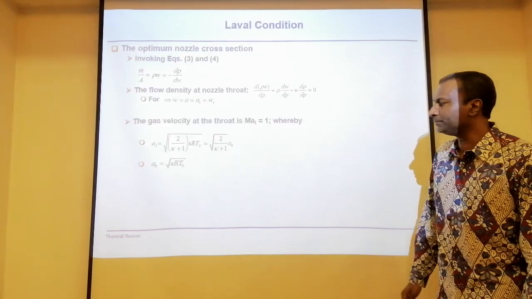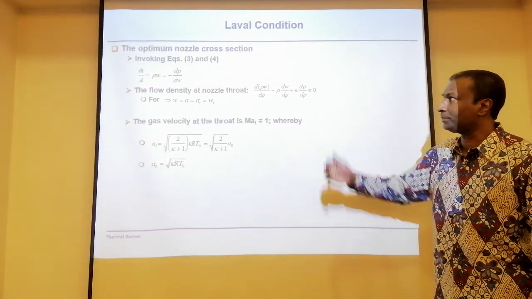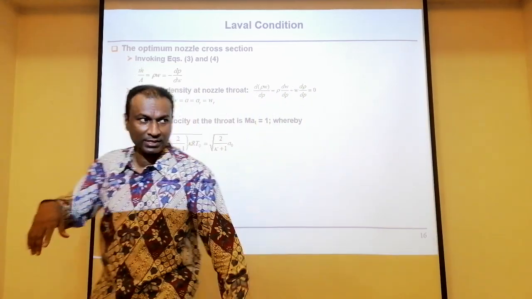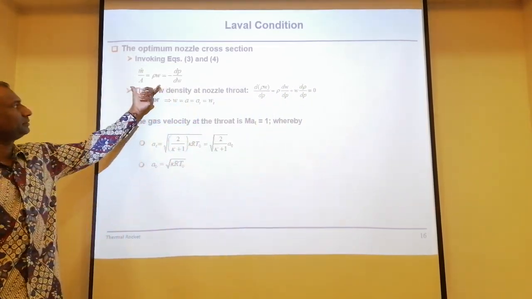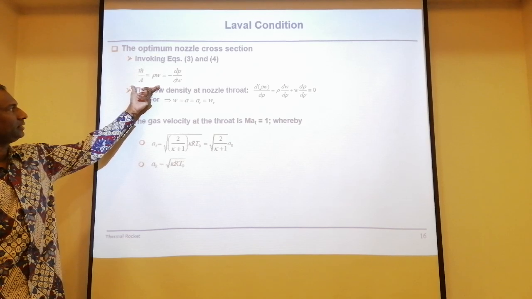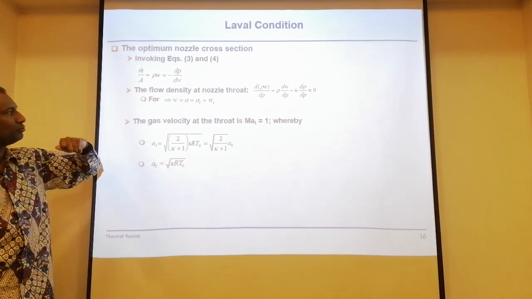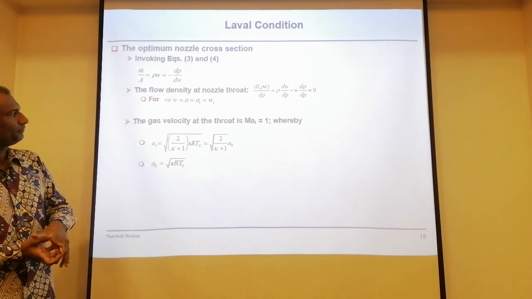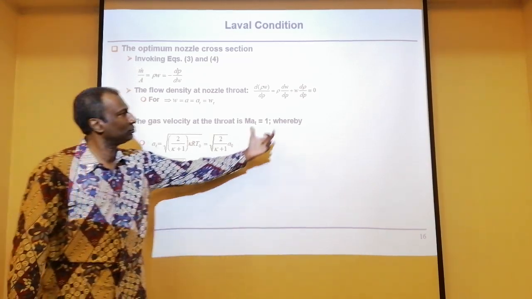Alright, go on. Optimum nozzle cross section. Invoking equations 3 and 4, this formulation can be rewritten. M dot over A is rho W. The flow at the nozzle means the flow at the throat.